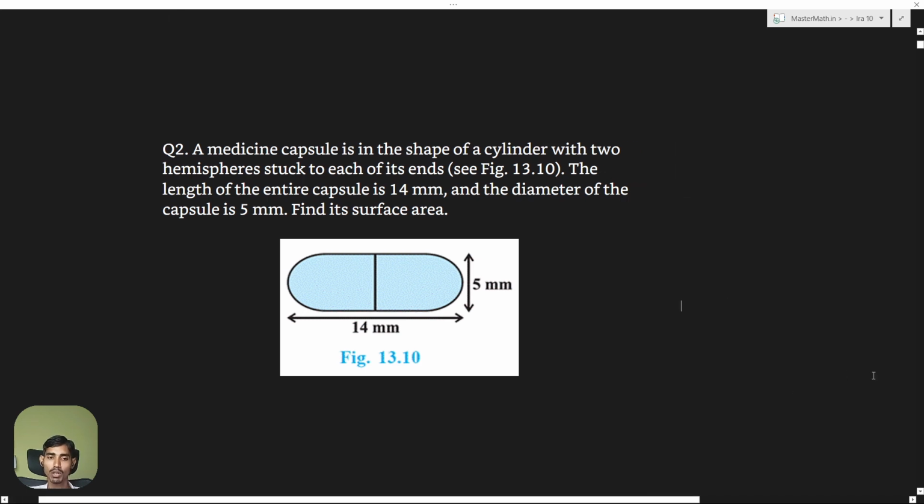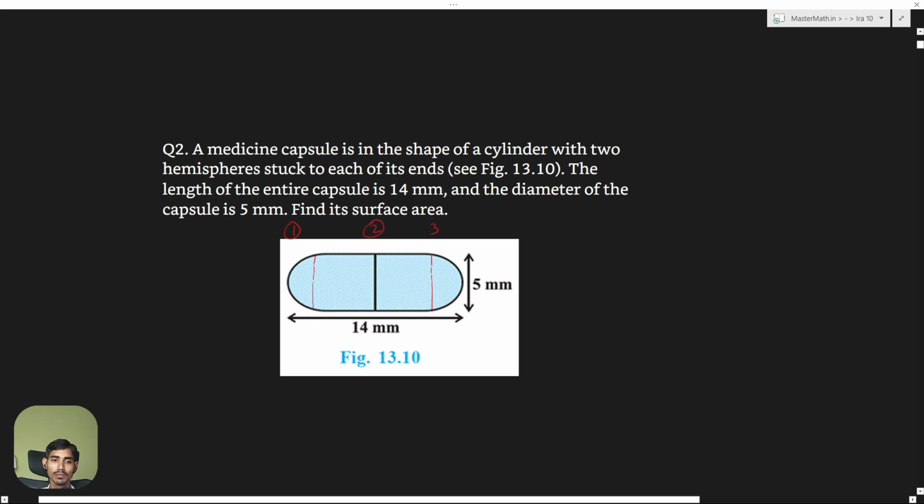We need to first decide what parts we will be adding, subtracting, or whether it is one single part. It is surely not one single part. It is three parts, right? One hemisphere here, another hemisphere, and the cylinder in the middle.